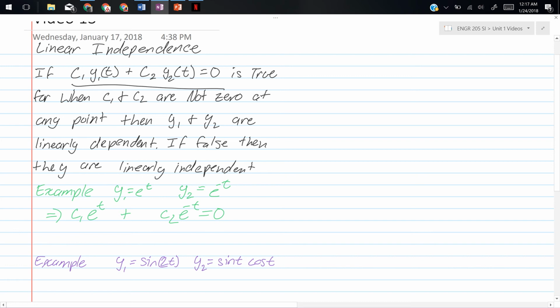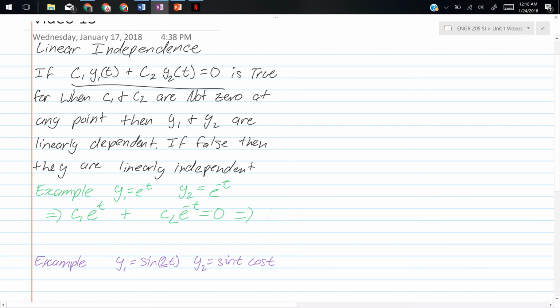Now, c1 and c2 have to be non-zero. I can make this equation true if I made c1 and c2 0, but I need to find a way to make this equation true without any other x's or equations, just coefficients that can be c1 or c2 that are non-zero.